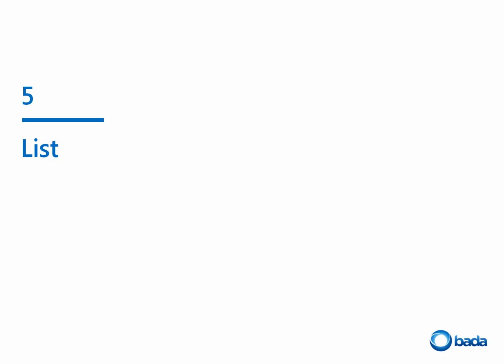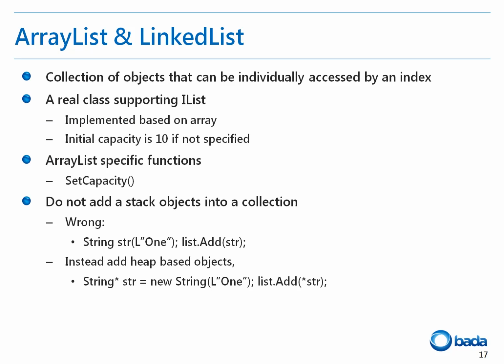In general, a list refers to an ordered collection or sequence of homogeneous data. In the next few slides, I'll discuss the list classes provided in Bada and some example code to demonstrate how to use these classes. ArrayList and LinkedList are collections of objects that can be accessed by an index.